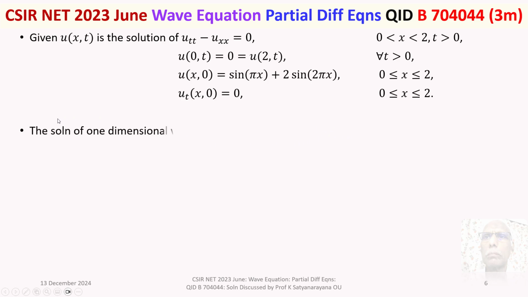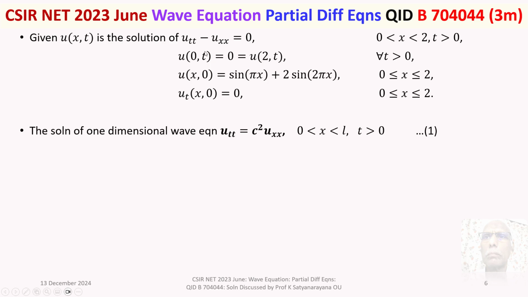So first we talk about the solution of the one-dimensional wave equation u_tt is equal to c square u_xx, where 0 less than x less than L, t greater than 0. That's the one-dimensional wave equation. And this is a general one.